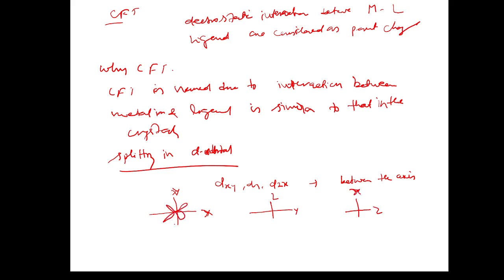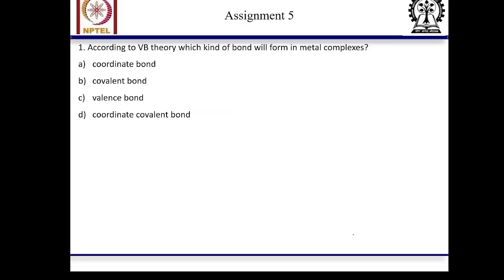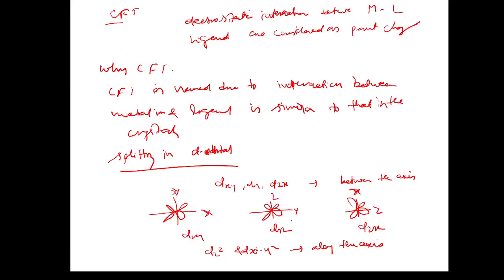So between the axes, this is dxy, this is dyz, this is dzx. Now the dz square and dx square minus y square are along the axis. Let me just introduce one.